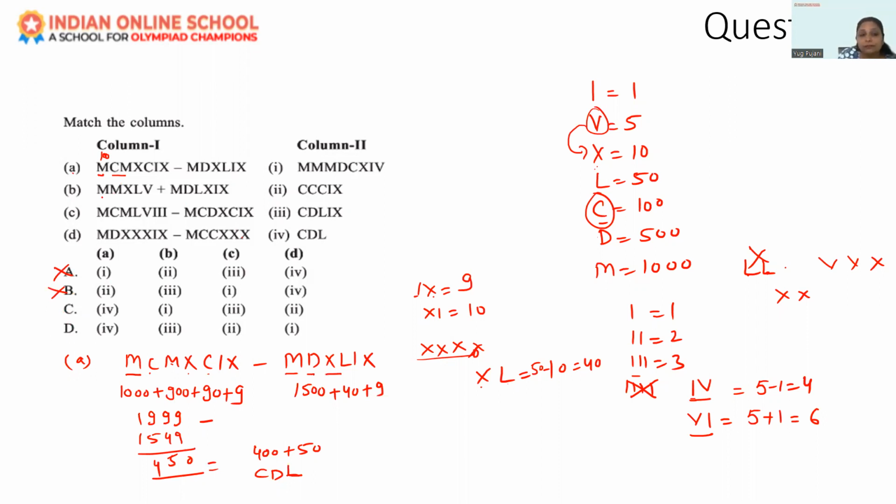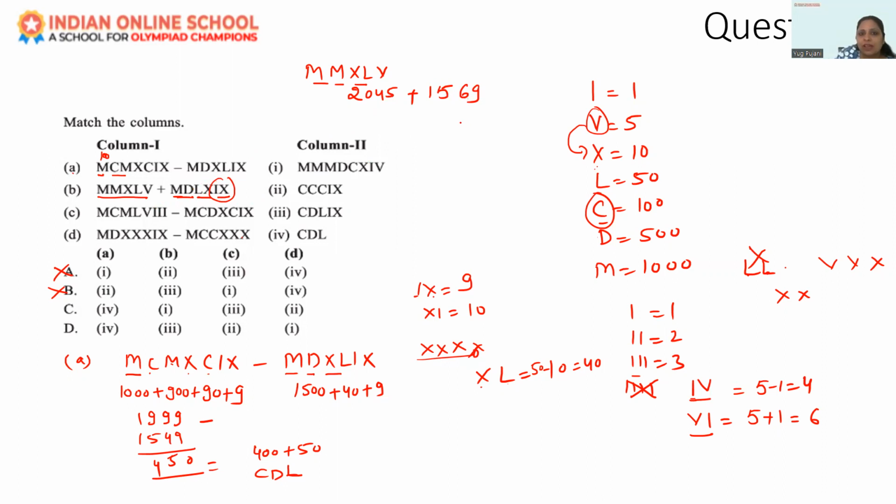So let's do the second part. In the second part, MMXLV. M is 1000, 1000, 2000, 2040, 2045. Plus M is 1000, D is 500, so 1500, then LXIX is 60 and 9, so 1569.